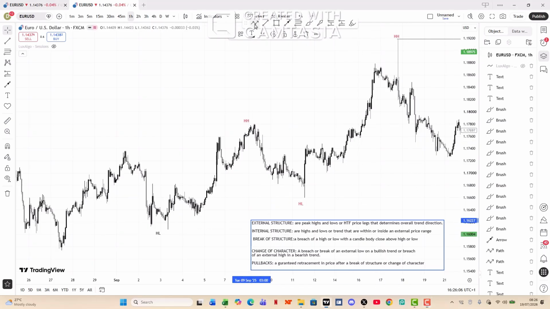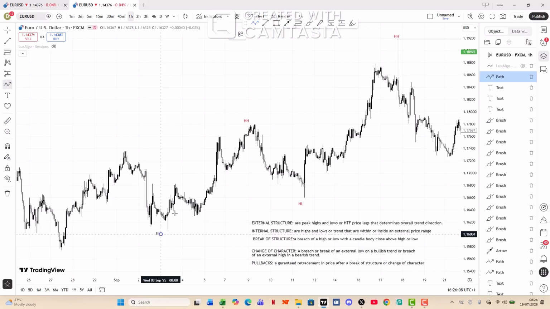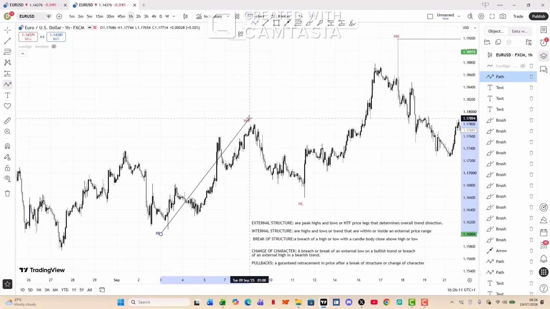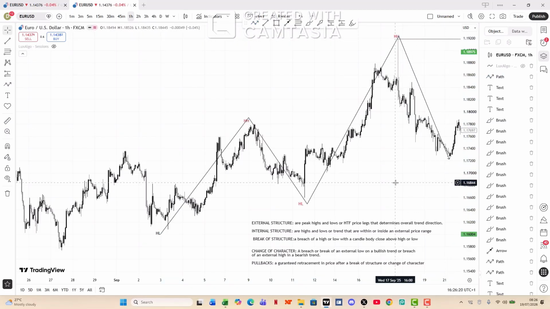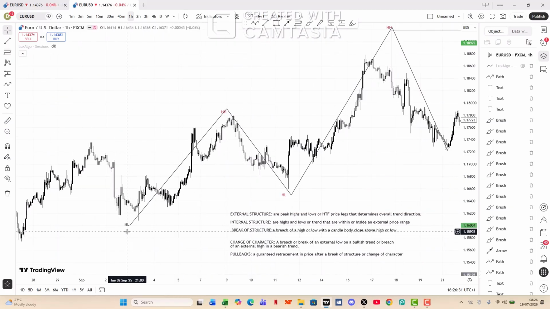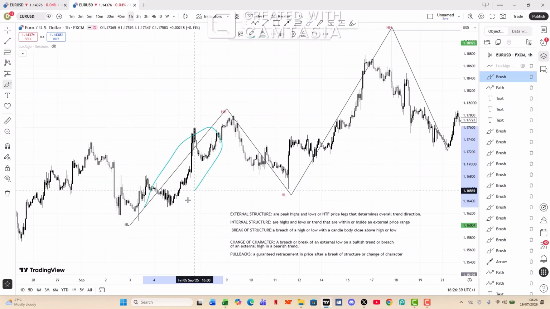If we use our chart or our lines, this is our higher low, this is our higher high, just like on my chart. Internal structure is highs and lows or trend that are inside an external price range. So from this higher low to this higher high, everything inside here is our internal price range or internal structure.